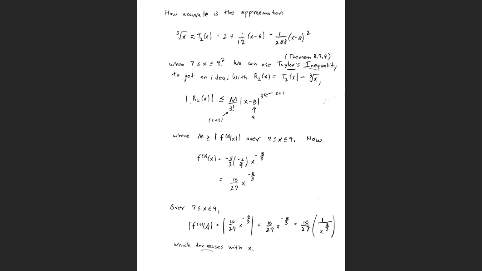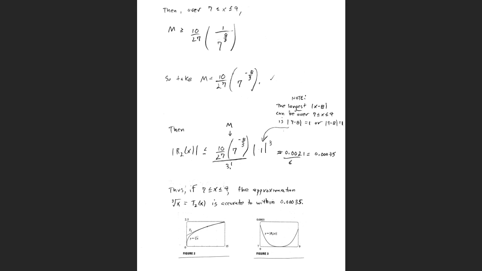And so now we know what m is, and now we can find a bound on the error of our approximation. Now, the one part that you didn't see yet is the absolute value of x minus 8 to the third power, right?